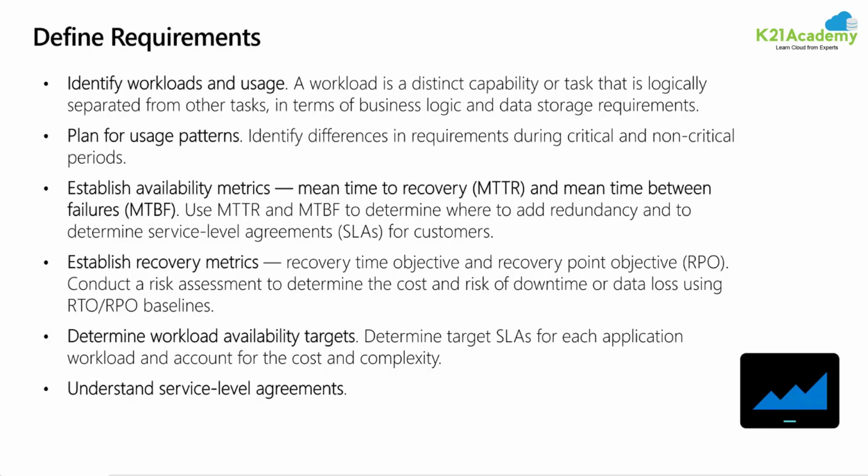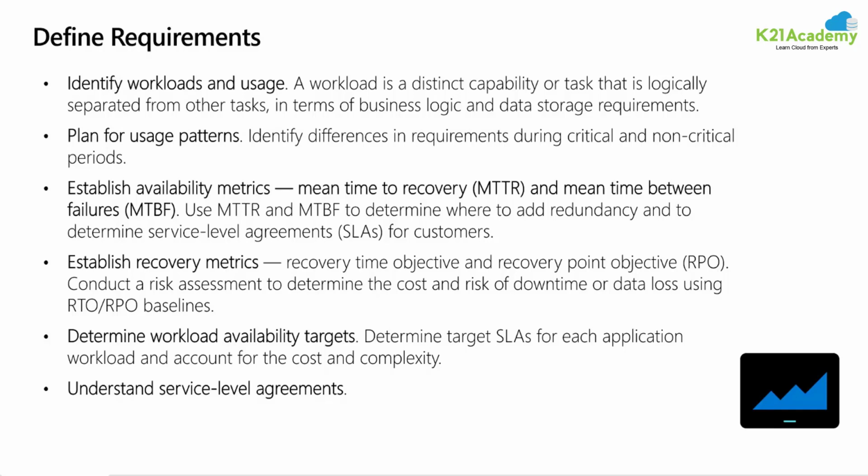So to ensure that the application architecture meets your business requirements, define target SLAs for each workload. Account for the cost and complexity of meeting availability requirements in addition to application dependencies. Understand service level agreements. In Azure, SLA describes Microsoft commitments for uptime and connectivity.